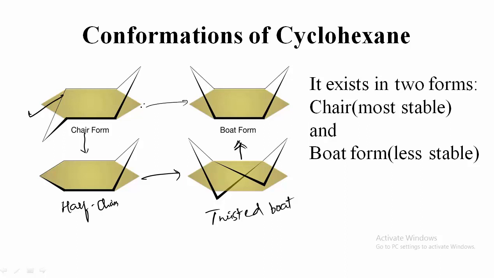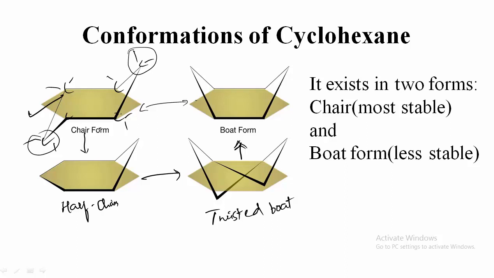So mainly we will get these two forms of cyclohexane, chair form and boat form. And here at each point you will get carbon atoms, and the hydrogen atoms are attached to these carbon atoms. Among these, chair form is more stable. Why is it? Because here you can see this carbon and this carbon are present opposite to each other.